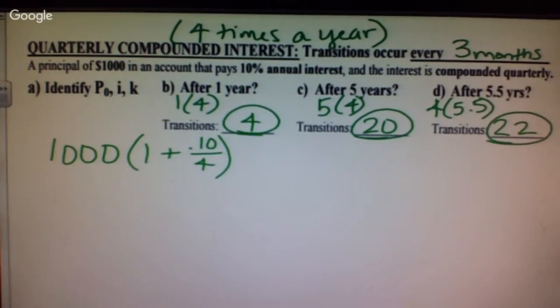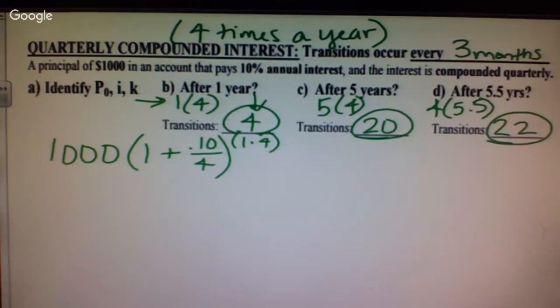It's all 3 separate problems. After a year, I would have raised this to the 4. But you've got to put that 4 back, because it says K in the equation. This is K times N. So you would raise this to the 1 times 4. It's happening 1 year and your K value is 4, so 1 times 4 is 4.